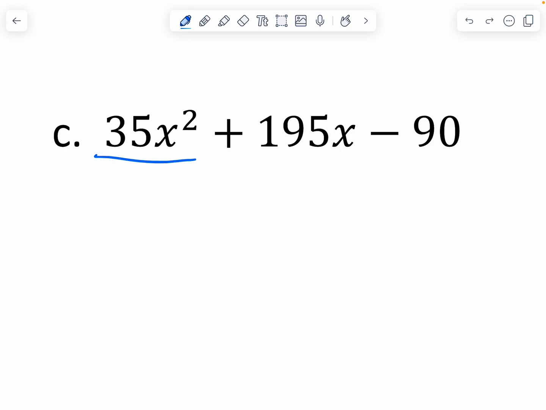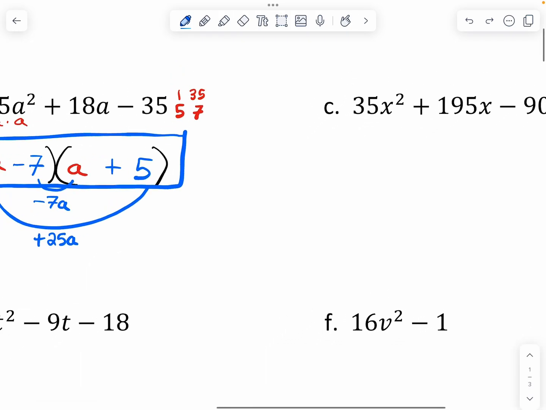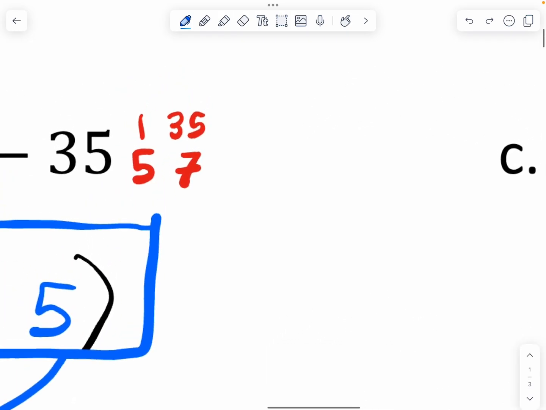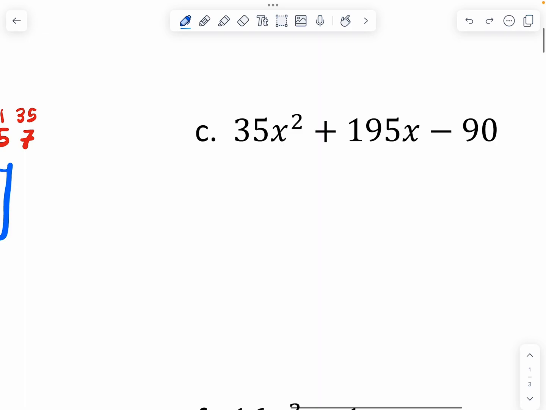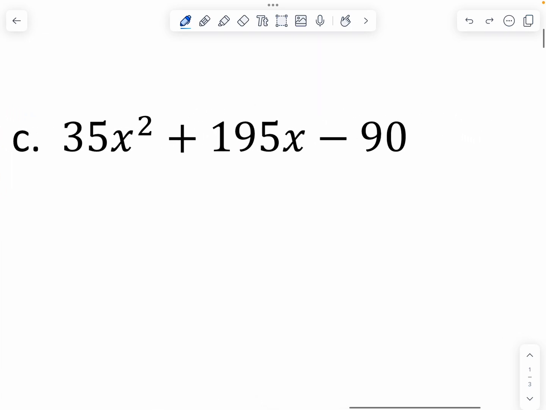So I start thinking about other factors of 35, which is nice because I just had that, and these were the two factors. So it was 1 and 35 and 5 and 7. So I'm thinking, well, does 7 go into all of these? Because remember, I'm looking for the largest common factor, the greatest common factor, but 7 doesn't. So the biggest number that goes into all three of these is actually 5.